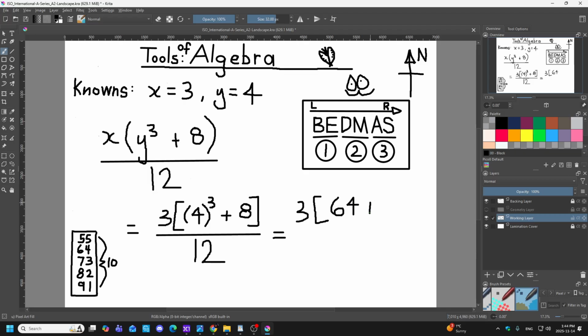Plus 8. That is all divided by 12. A few steps to go still. I'm just going to carry it over here. Hopefully we don't run out of room. We have 3.